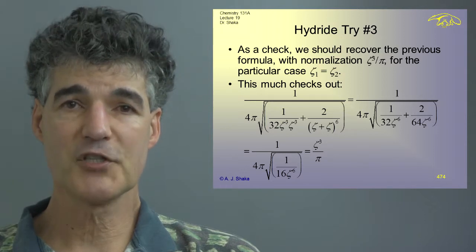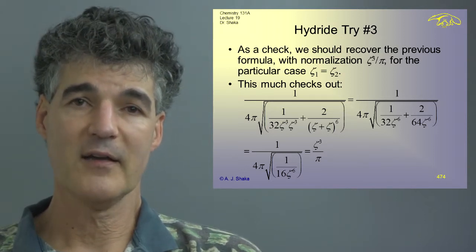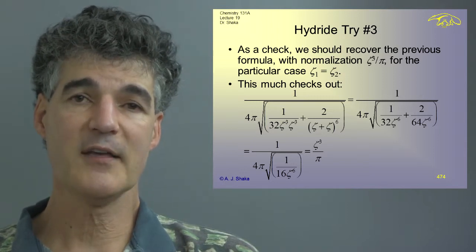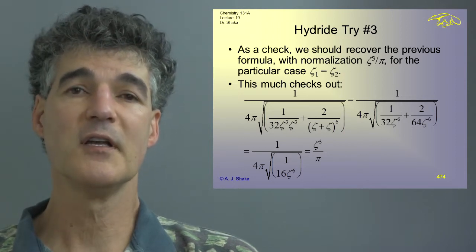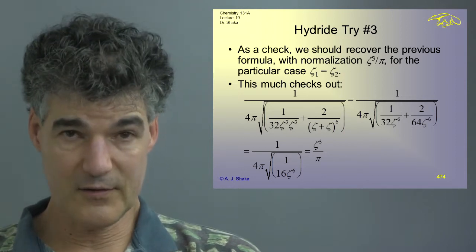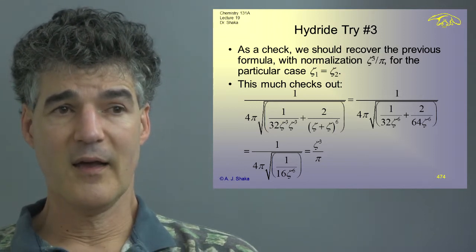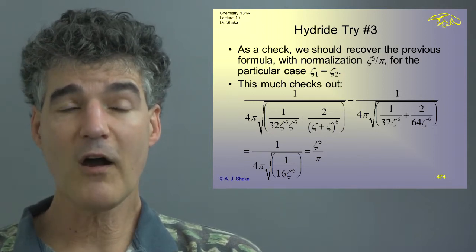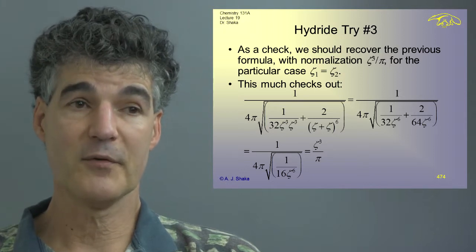You want to always be able to check that what you've done isn't wrong and that it makes sense and it reduces to the previous case whenever you can. And we're going to do that throughout this calculation, because although these integrals to calculate n are a little bit tedious and maybe seem extremely hard if you aren't used to doing that type of thing, they're nothing compared to what's coming up.